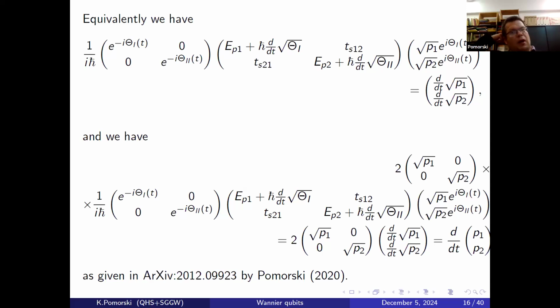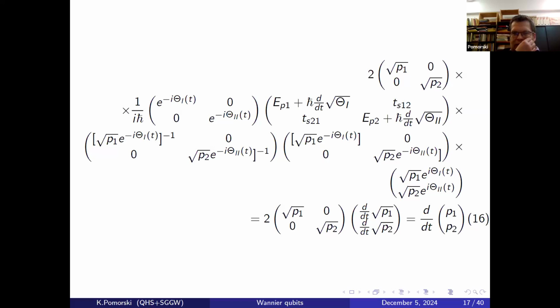So this phase has to be somehow detached from your state. If you start from this tight binding model and want to arrive at the classical epidemic model, you end up with such a structure of equations. Maybe I will not describe it in detail because it's quite lengthy and technical, but it's doable. I think it's a nice exercise for a student to be executed.